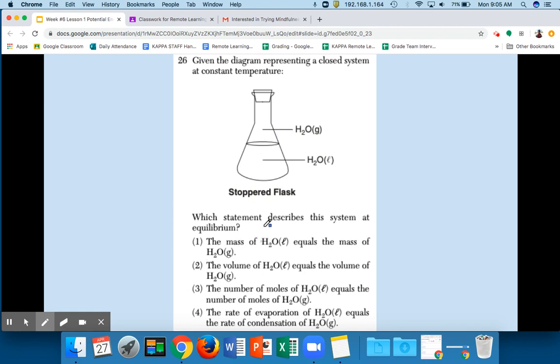We know that with equilibrium, what's equal is the rate of the forward and reverse reaction. And furthermore, the concentrations would be constant, meaning they don't change because the rates of evaporation and condensation are equal.